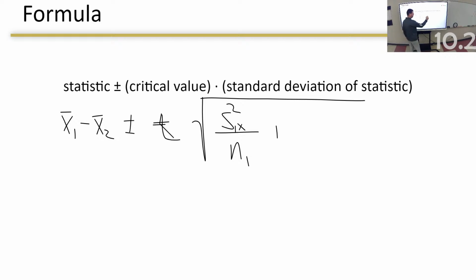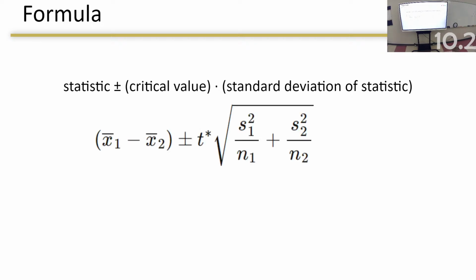And then you have to square the second one and divide it by n2. Because we should know that we always have to add variances. So we have to add variances, and then we'll take the square root back out of it to get the standard error. Let's see if I did that for good. Yes, beautiful.